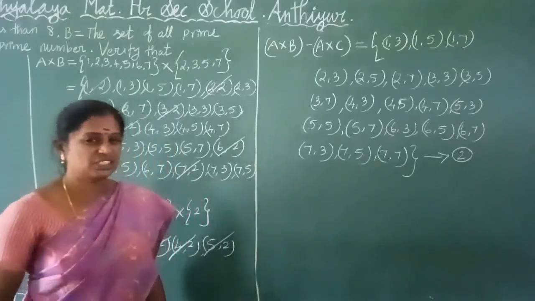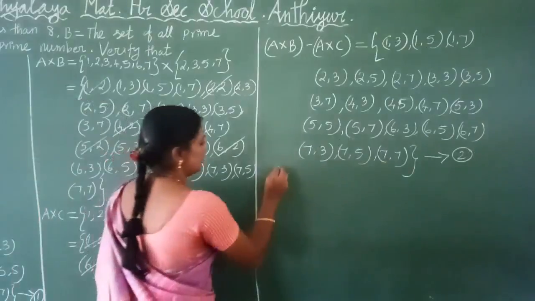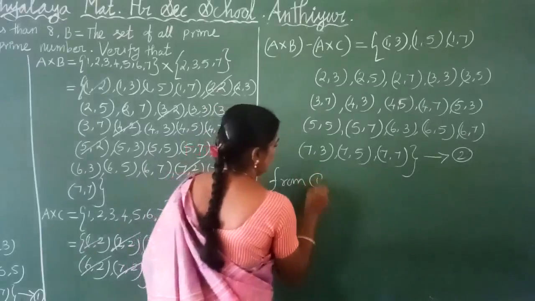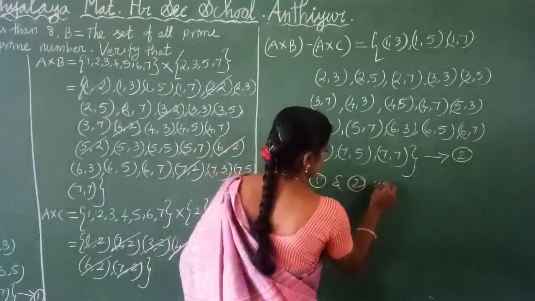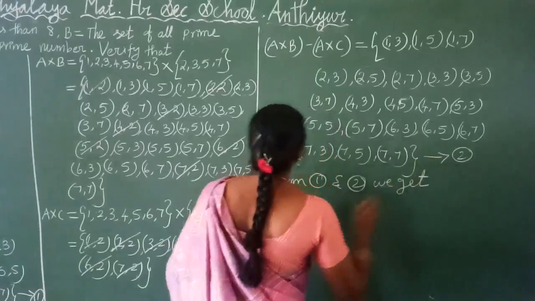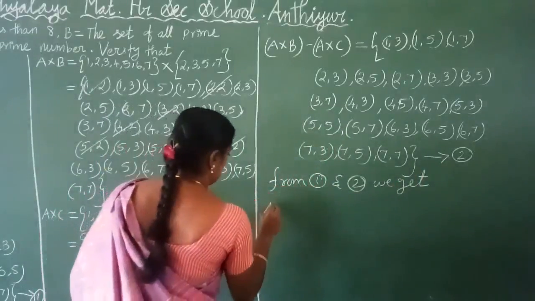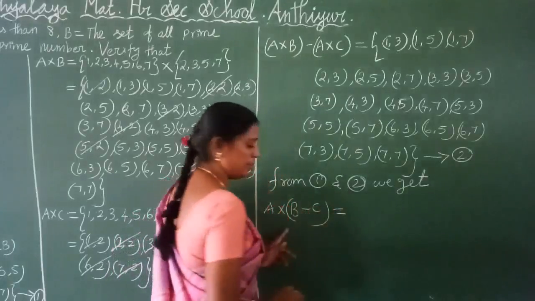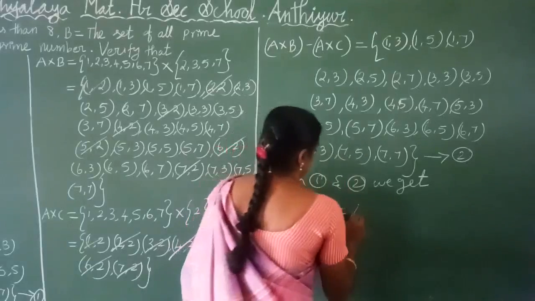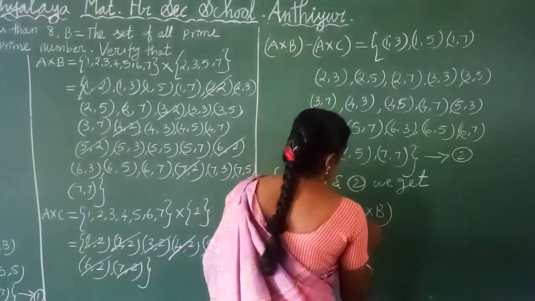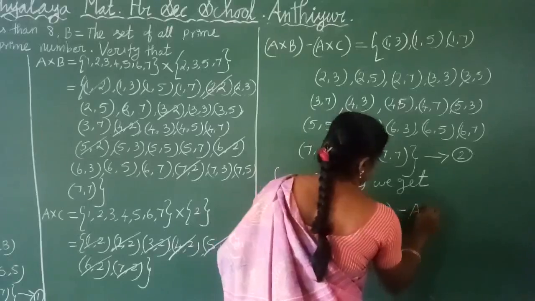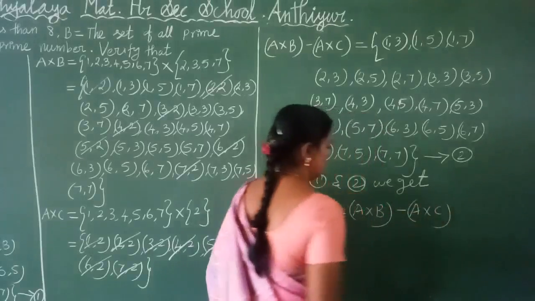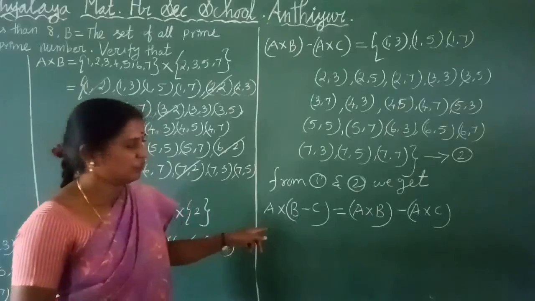So both the equations are equal. So at last what do we get? From 1 and 2 we get A cross B difference C, or B minus C, is equal to A cross B difference A cross C. So that is verified. Is it clear?